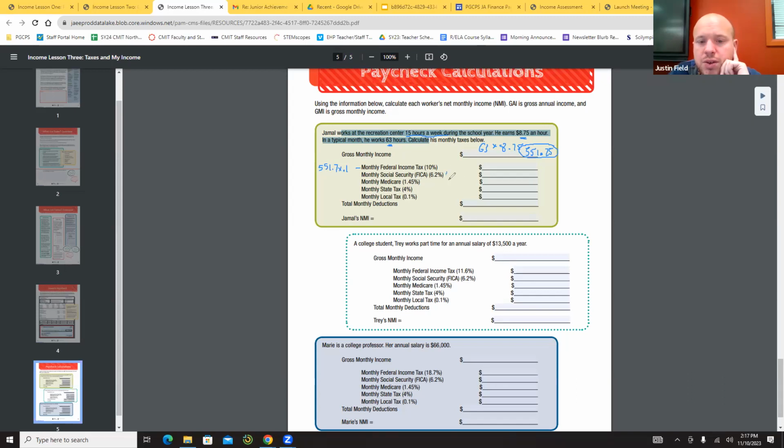So let's make sure we know the percentages as a decimal. 6.2% would be 0.062. 1.45% would be 0.0145. 4% would be 0.04, and 0.1% would be 0.001. So we take all of these numbers and we multiply them by 551.25.